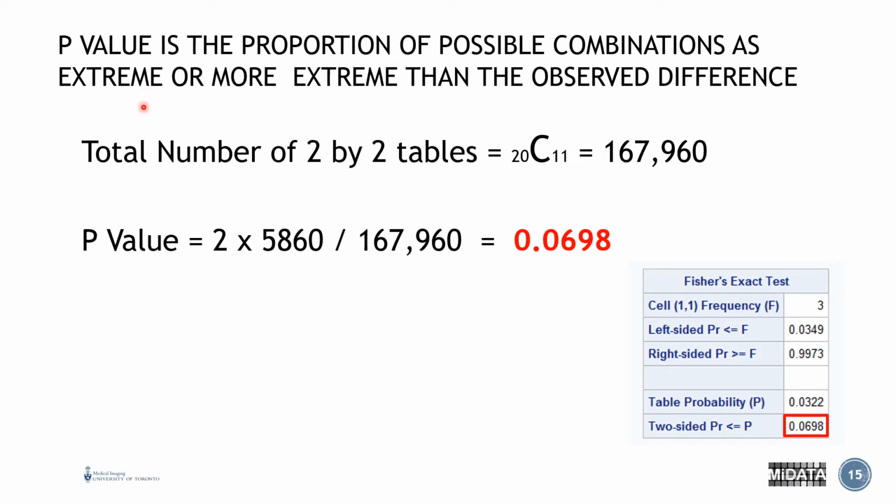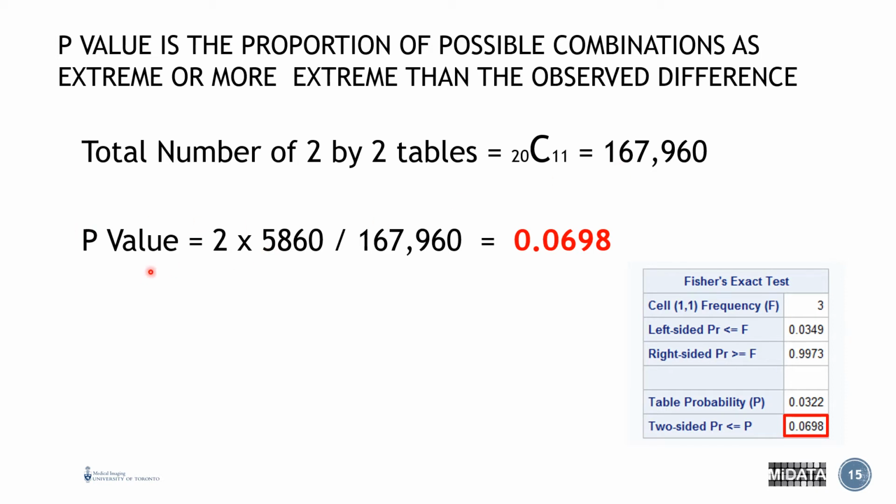In order to do that, we need to calculate the total number of 2 by 2 tables possible. So that will be the number of combinations we can get with a total of 20 because we are interested in the proportion of the first column, which is the yes column. The total is 11. So it would be 20 C 11, which ends up with 167,960 different possible tables.